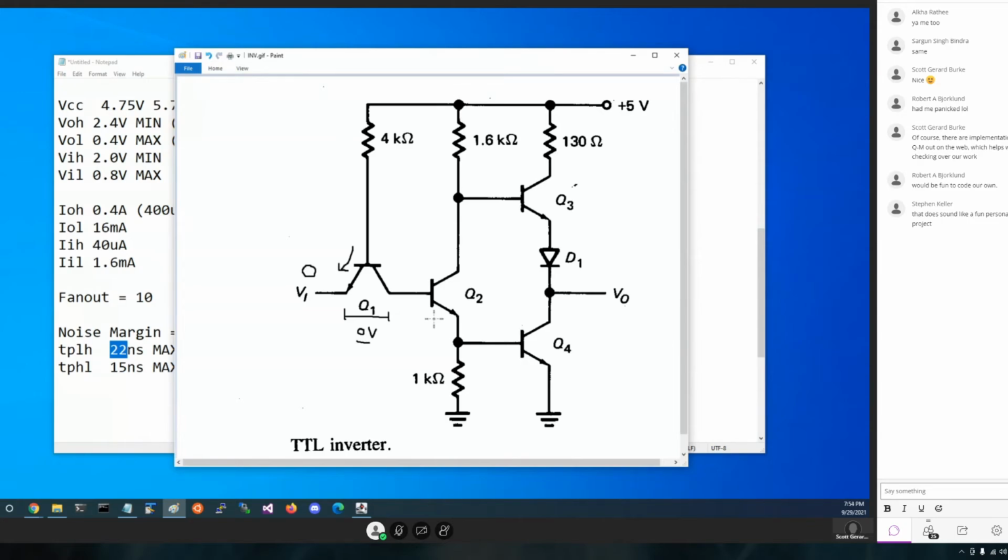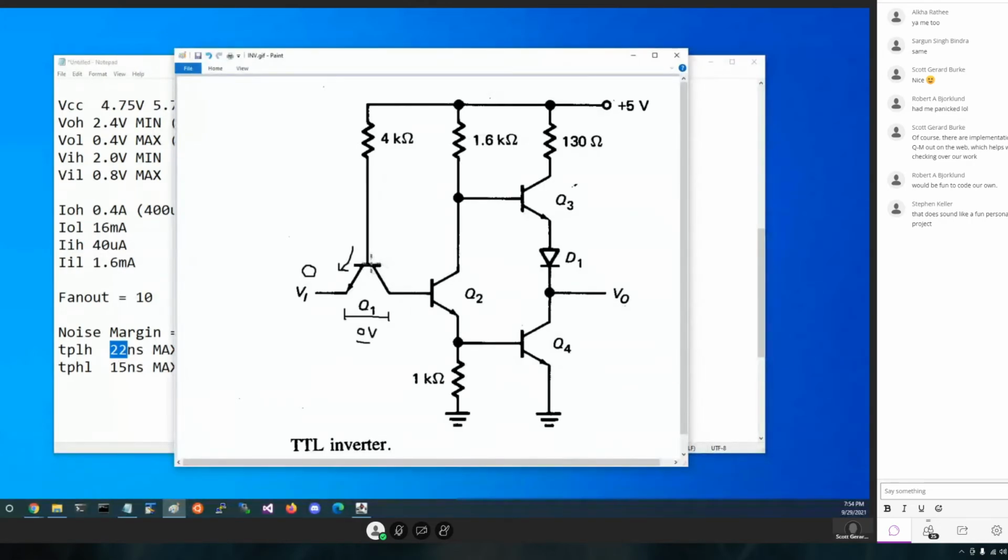Okay. We know this transistor is going to be saturated or cut off. It's going to be one of the two. If you're sitting on the base and you look that way, are you going to see a voltage that's high enough to turn you on?